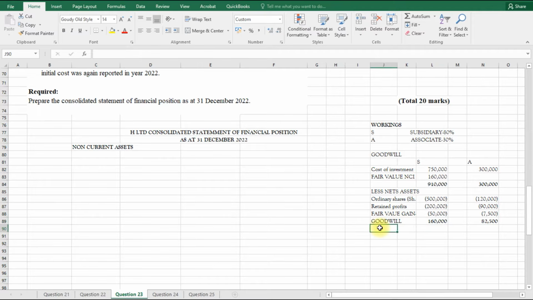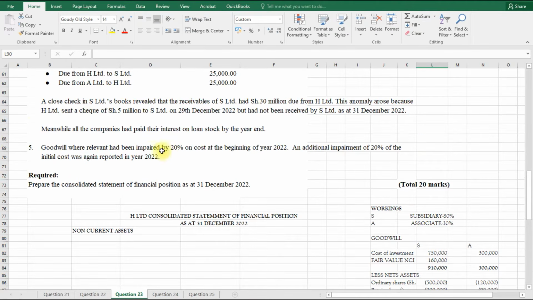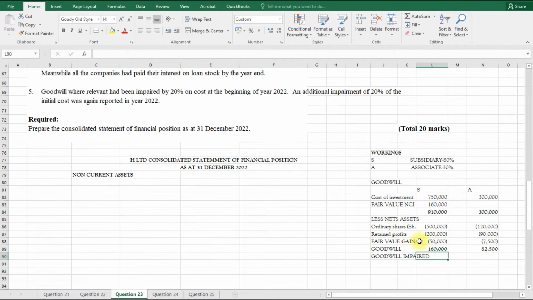Remember we had goodwill impaired, and cumulatively it has been impaired by 40%, because they're saying at the beginning of the year it was 20% and an additional 20% at the end. So cumulatively it is 40%.